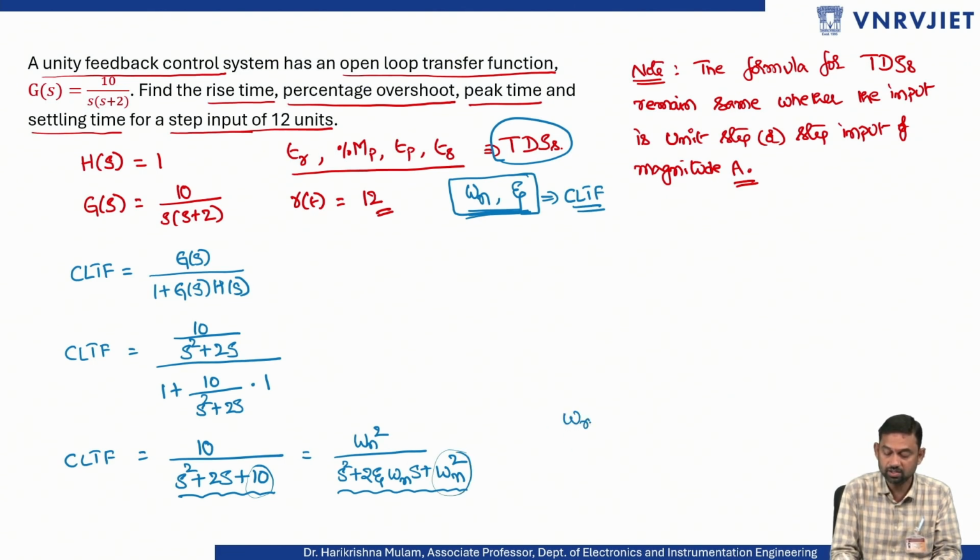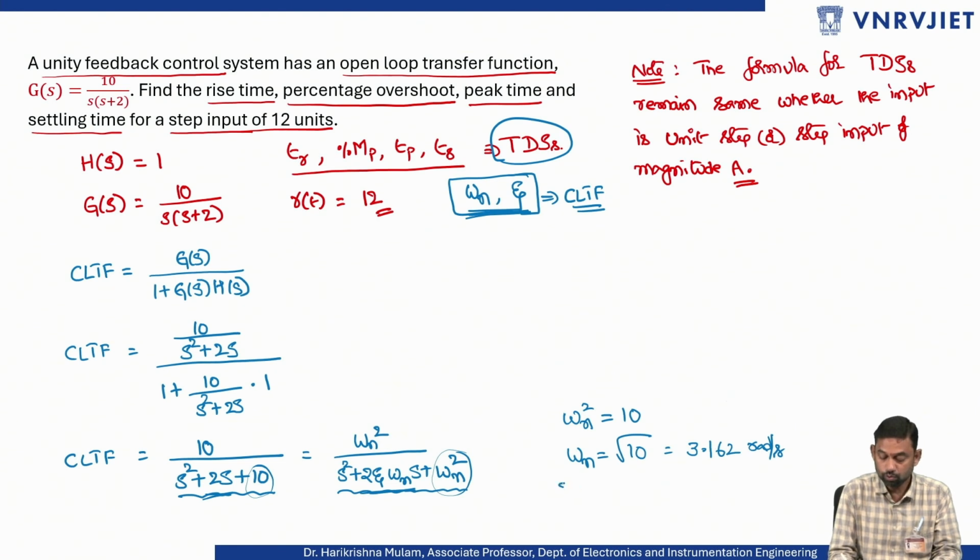Therefore, omega n is equal to square root of 10, which is approximately 3.162 radians per second.